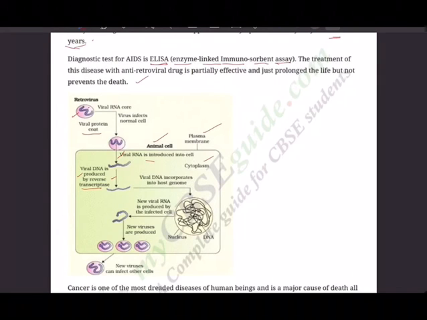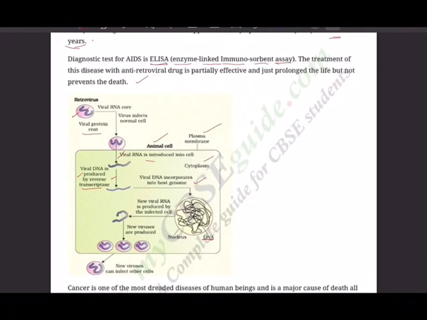So with the help of that enzyme, viral RNA becomes viral DNA, and viral DNA incorporates into the host genome. Now when we say incorporates, what happens? It just gets mixed up with the host DNA. It is very difficult for us to differentiate whose DNA it is. Is it the host DNA or is it the viral DNA? So it just gets incorporated.